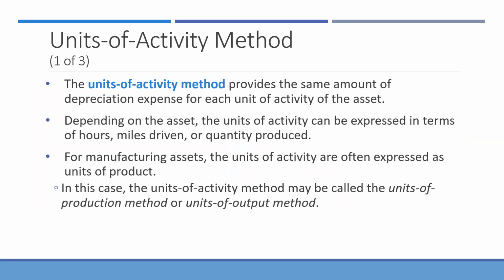Under the units of activity method, we depreciate the asset by the same amount for each unit of activity, and it can be hours, miles driven, or quantity produced. For airplanes, I've seen it as pressurization cycles, really for the jet airliners.